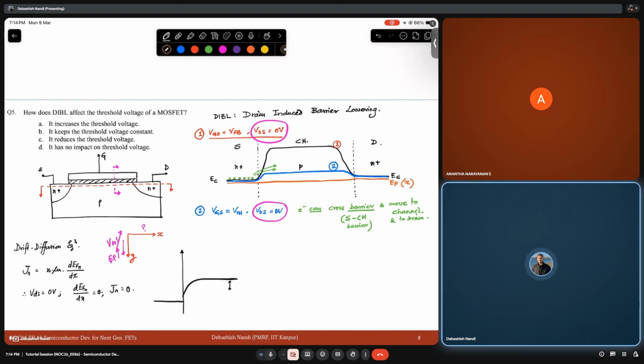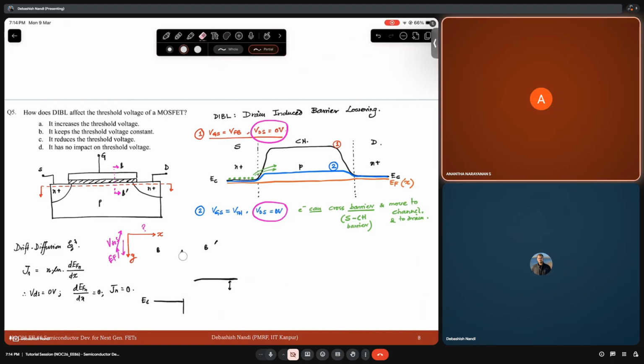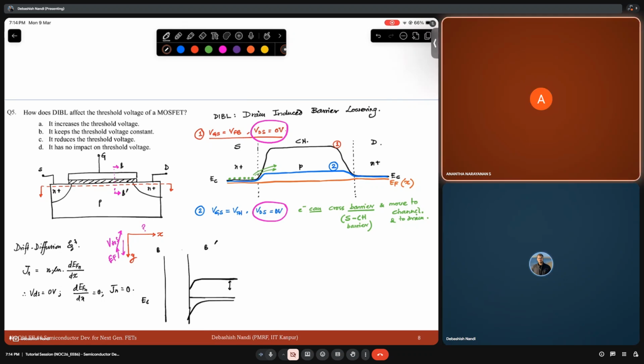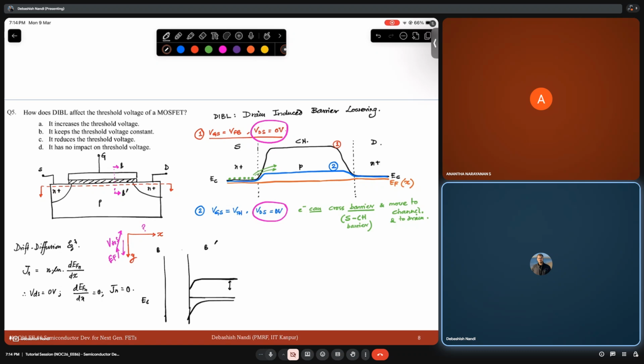So this is across this direction, right? Let's say this is the band diagram across this direction. If it is oxide, it will be like this. And let's say this is your Fermi level. So it will change, and as you are applying positive VG, this will go lower, right?